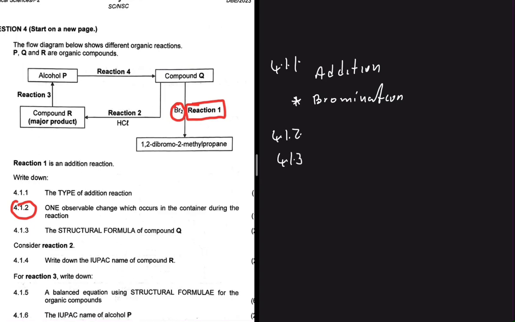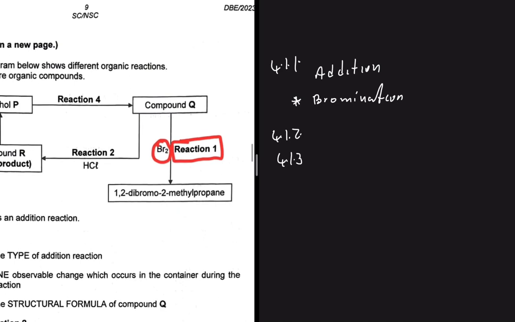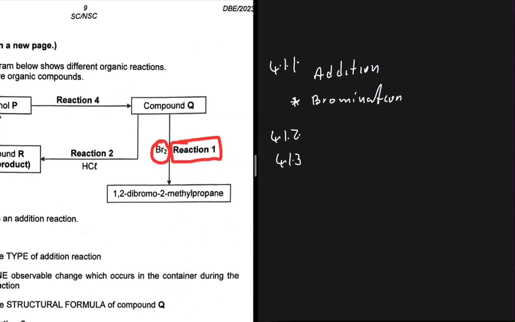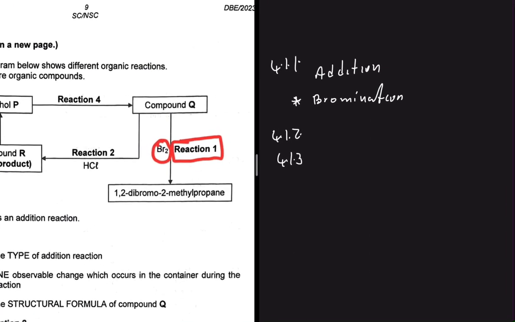4.1.3, the structural formula of compound Q. So we have compound Q right here, and when we add Br2, one bromo is going to be on the first carbon, as we can see here from the name, and then another Br will be on the second carbon. So there was a double bond there.